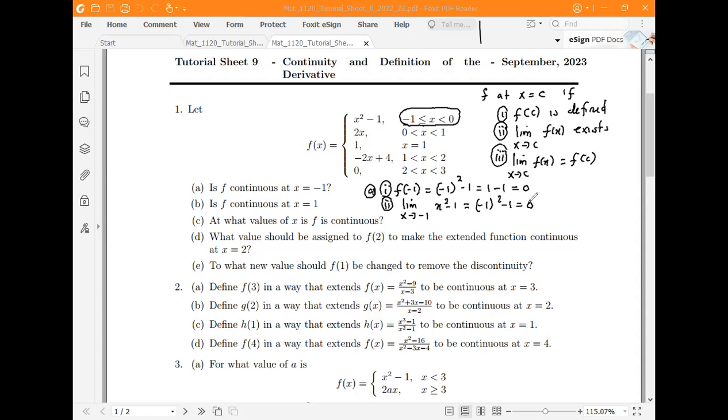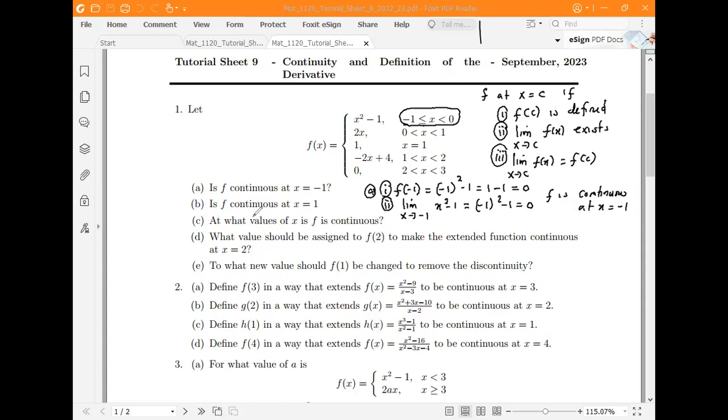And because the two are equal, which is the third property, we say that f is continuous at x equal to -1. So you just want to check if it's defined, if the limit exists, and if both hold, then you check if the values are equal. Okay?